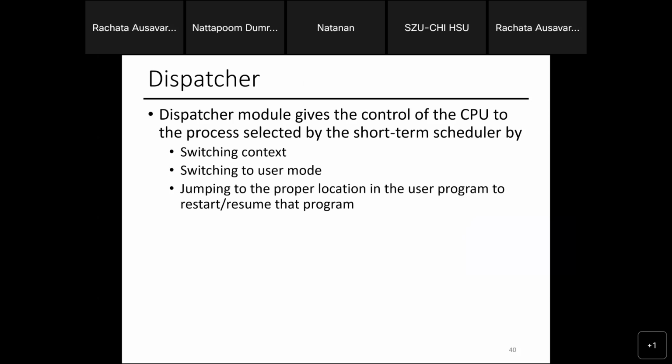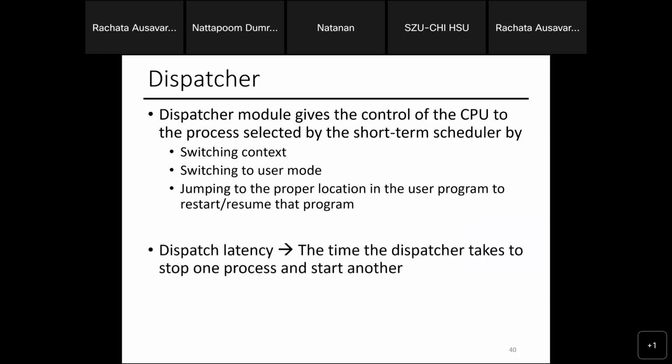The CPU has to load, for example, where the new program counter is, what line it should run, what the current contents of the register file are, and all those things. Then I switch to user mode. Why do I need that? Well, I need to switch to user mode to run the user application. Then I jump to where the program counter is pointing, so I can resume that program.